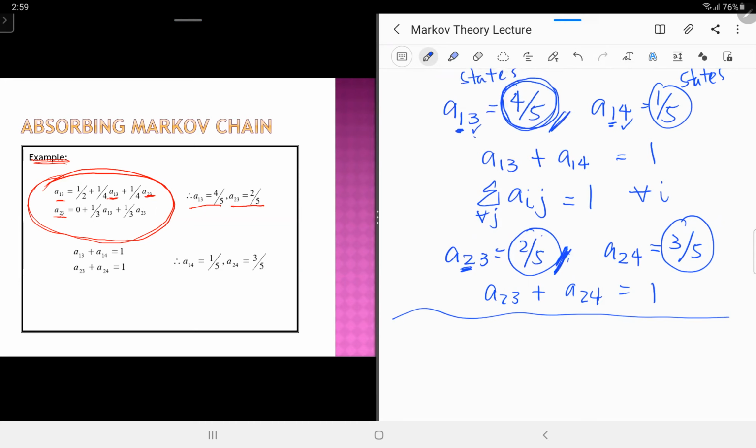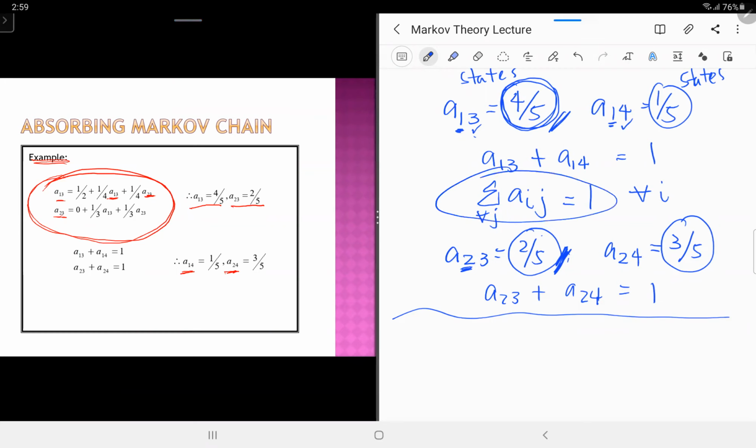And then to solve for A14 and A24, you simply use the property that if you're coming from I and going to all the absorbing states, the probability should be equal to 1. Just like what we discussed here.